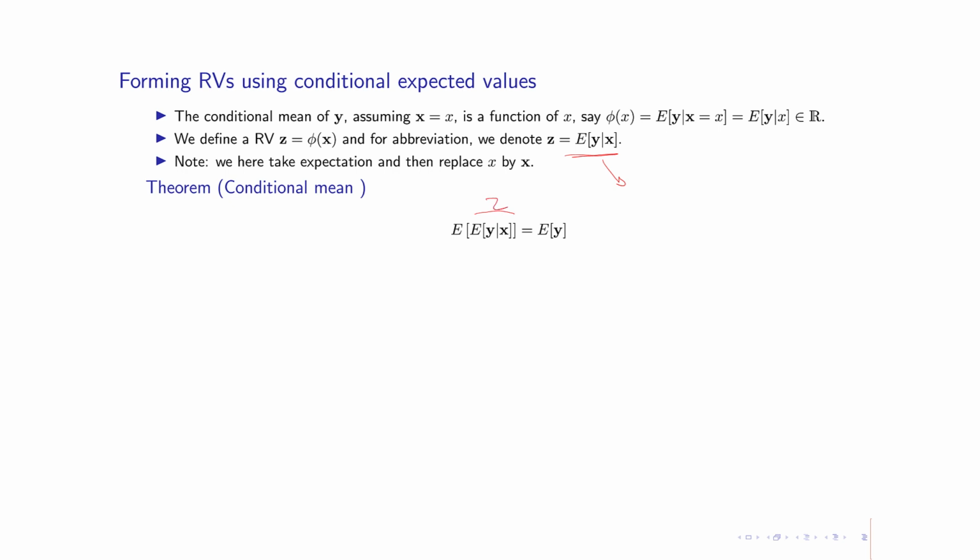that the expected value of this random variable, when we do this expectation, we have to put the distribution of either Z or the distribution of X, but here you have to put the conditional distribution.